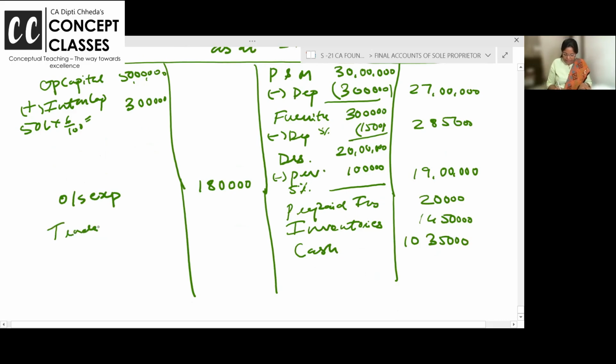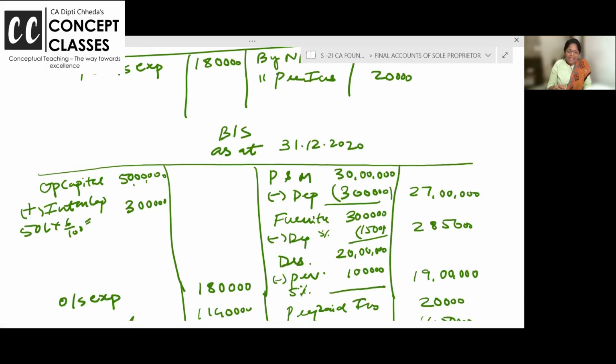Trade payables, it will always come on the credit side, 11,40,000. Now check. Is anything missing? I've taken all these figures from the data below the balance sheet, not from the opening balance sheet.